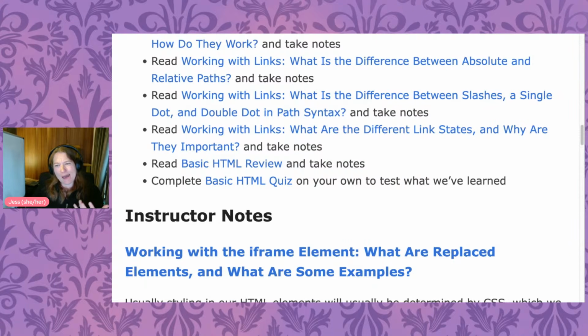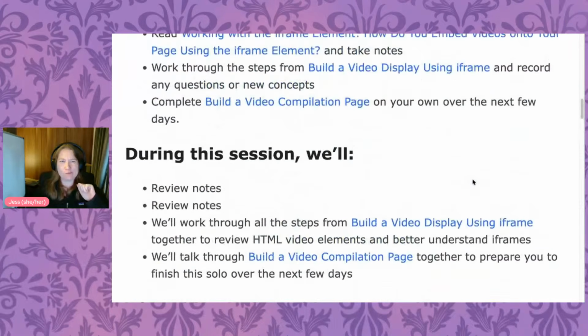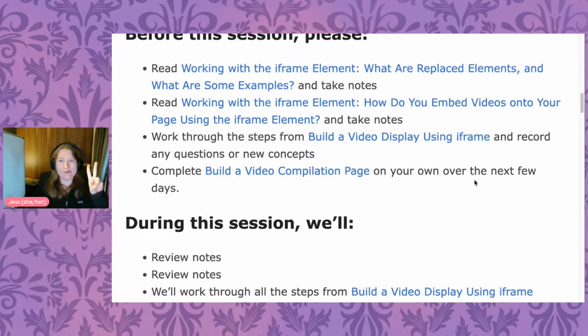Cool. So let's check out what we had before this session. We had two pieces of theory. Okay, some theory, not a ton. But then we had a workshop, and we'll work through most of the workshop stuff. It's a short workshop. We'll probably work through all of them together.